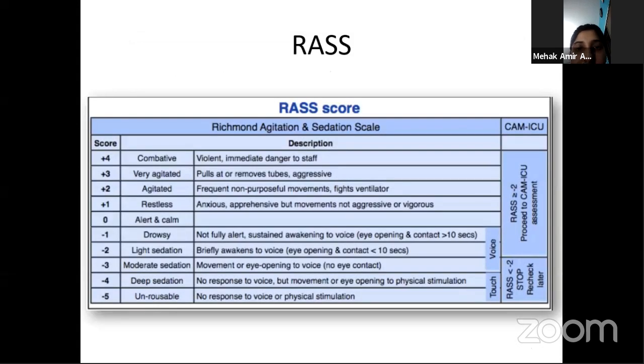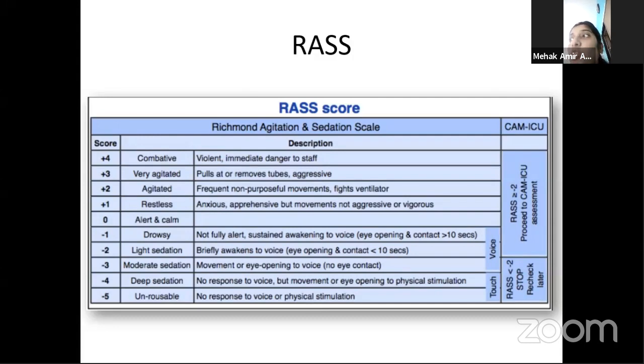Next slide, please. It's the Richmond Agitation Sedation Scale. As you can see, in the middle it's 0, which is alert and calm. On the downward side, the ratings are -1 to -5, and on the upper side, it's positive, +1 to +4. On the minus side, the patient is sedated and drowsy, not fully alert.